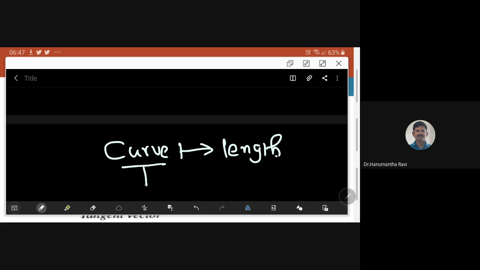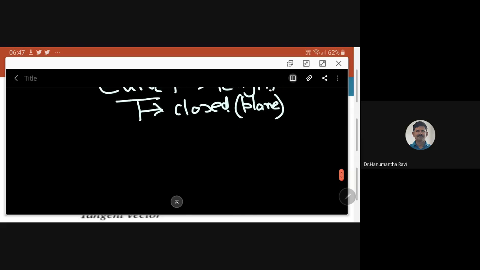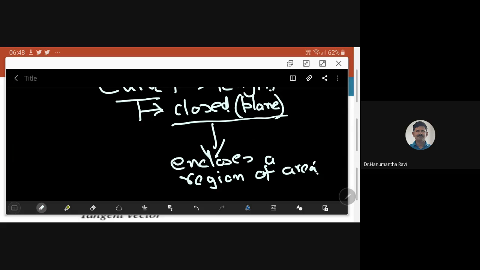When this curve is closed, and it is a plane curve, then in such a case it encloses a region of some area. Fine. That's all about curves.